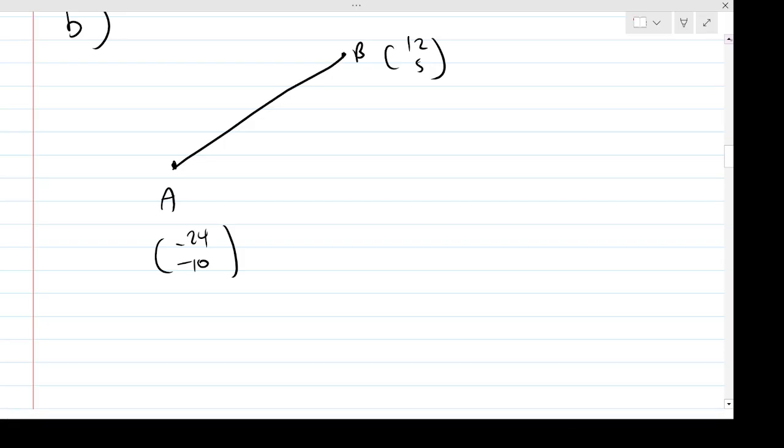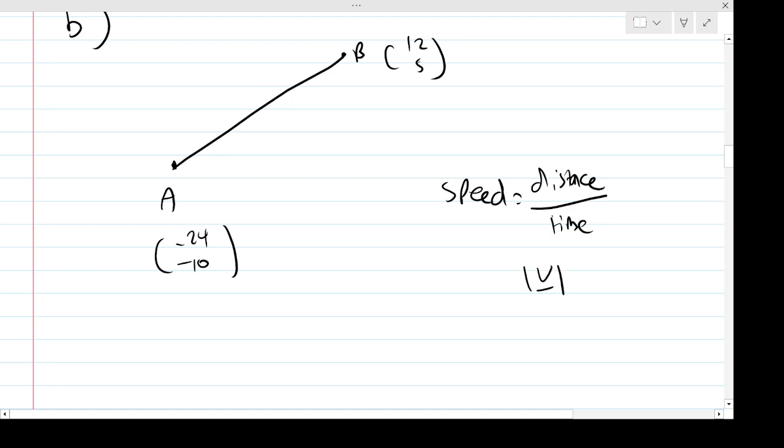If you want to calculate the speed, there are two ways you can calculate speed here. You can do distance divided by time, the more basic formula, or if we're given a velocity vector, it'd be the magnitude of the velocity vector, but we're not given any velocity here. So we're just going to resort to this formula here.